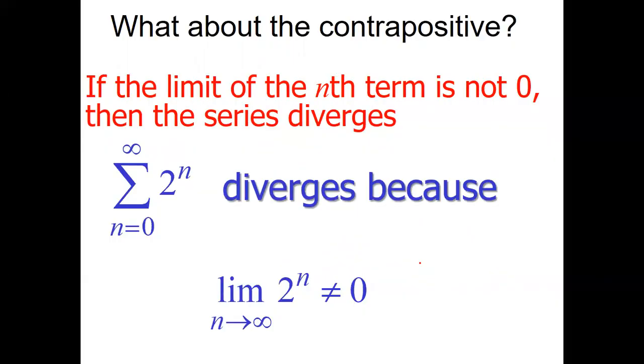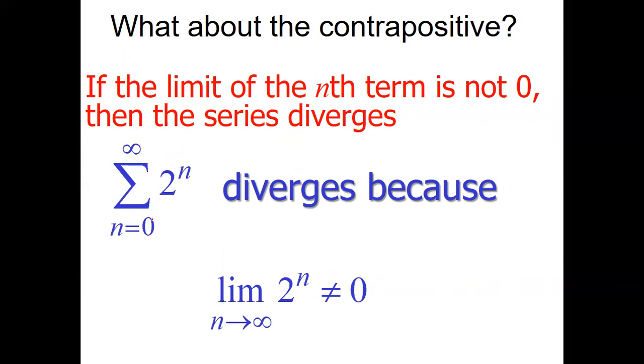Well, in this case, if the limit of the nth term is not 0, then the series diverges. Because I know if I let n equals 0 up to infinity, these terms are just going to get bigger and bigger. So since the nth term does not approach 0, I know it diverges. So this nth term test we can use to prove divergence.